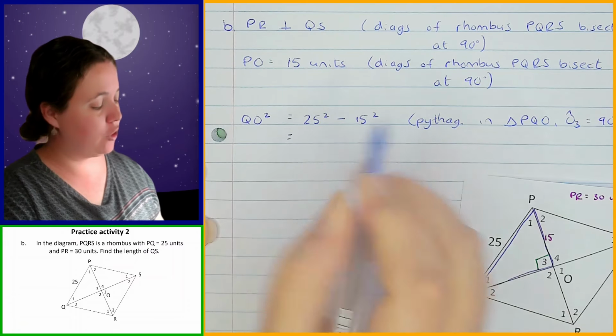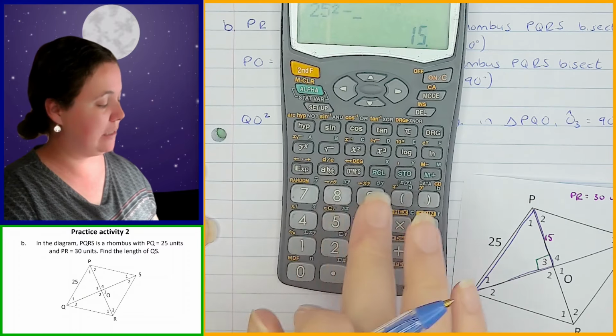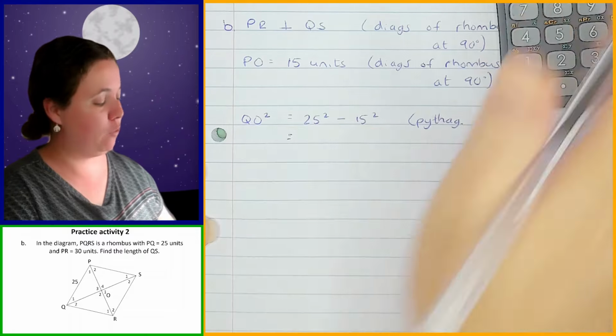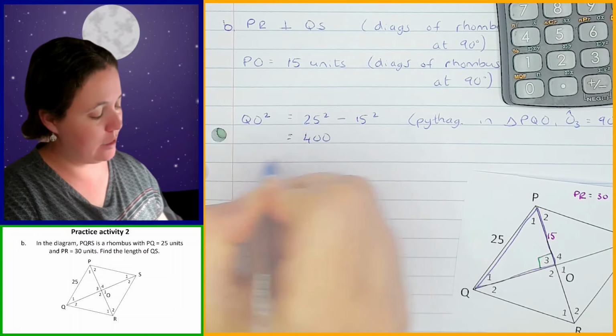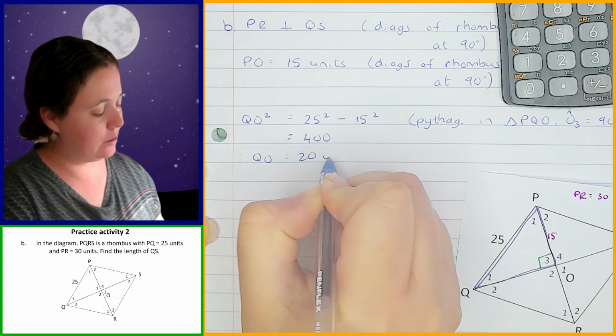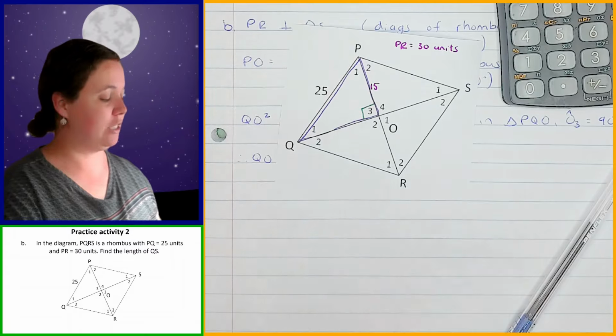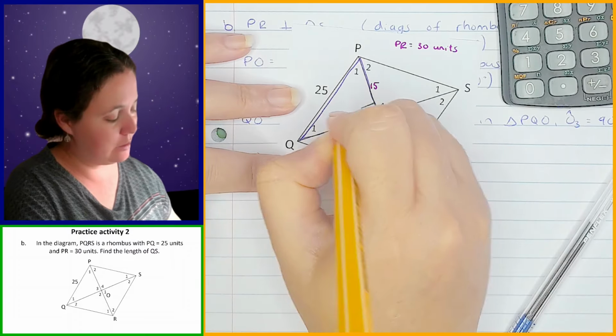Okay, so then QO squared is equal to 25 squared minus 15 squared, which gives me 400. So therefore QO is equal to 20 units. Okay, so now I know that this is 20 units.